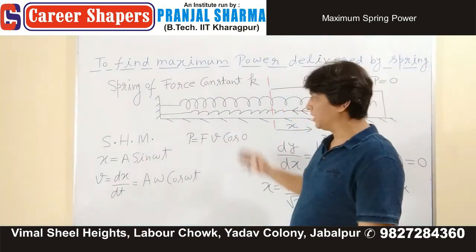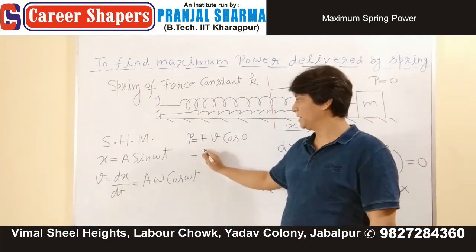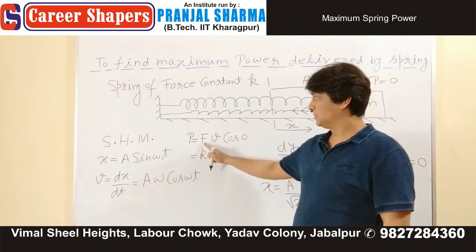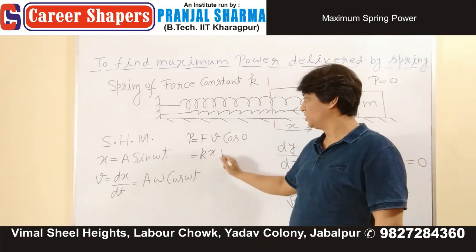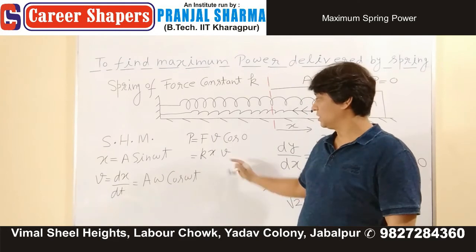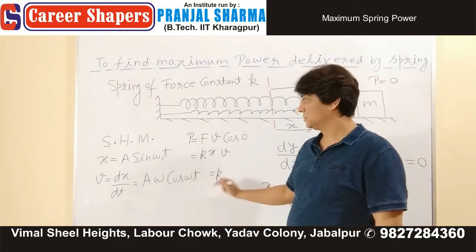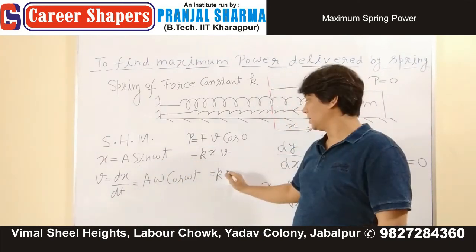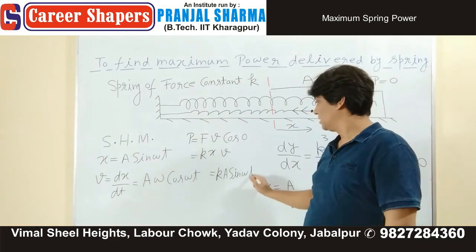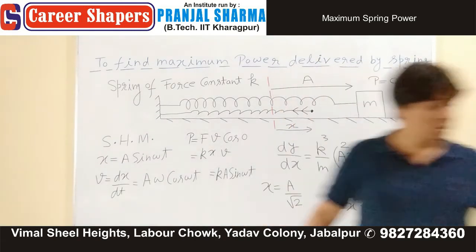This we already know from the first method. What is the magnitude of force? K times x, into v. Magnitude of force, v. What is x? a sin omega t. What is v? a omega cos omega t.